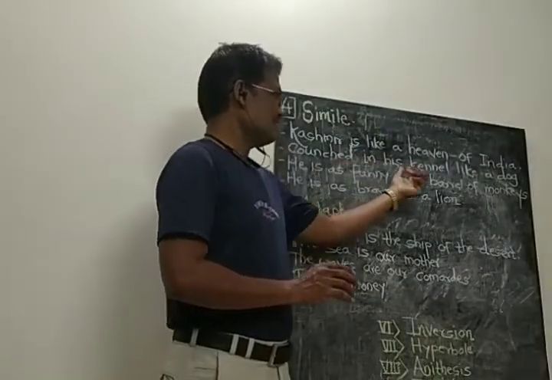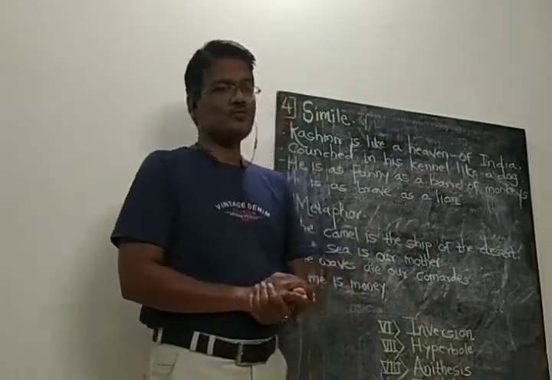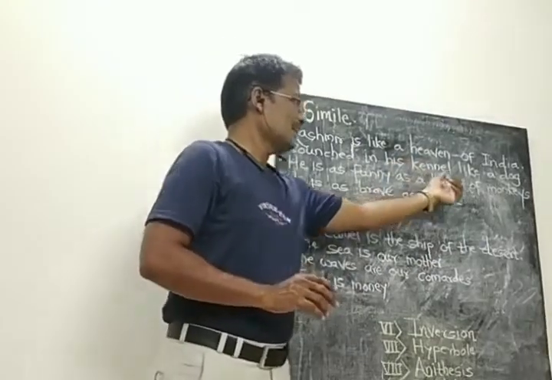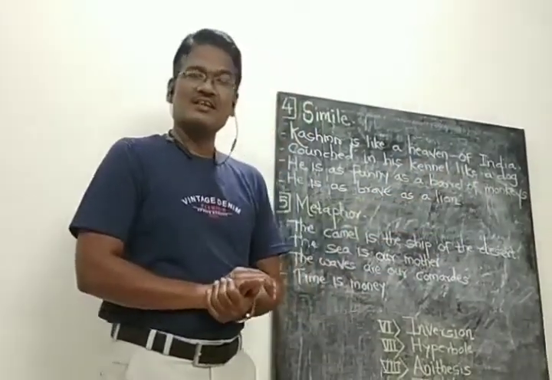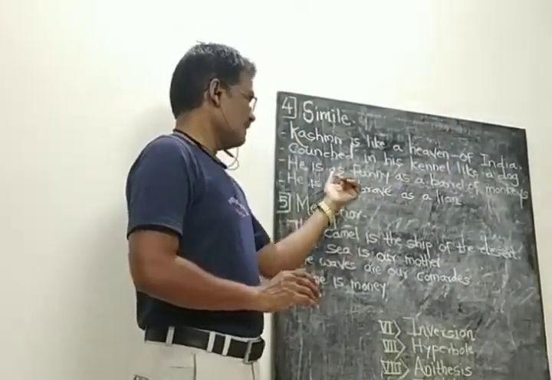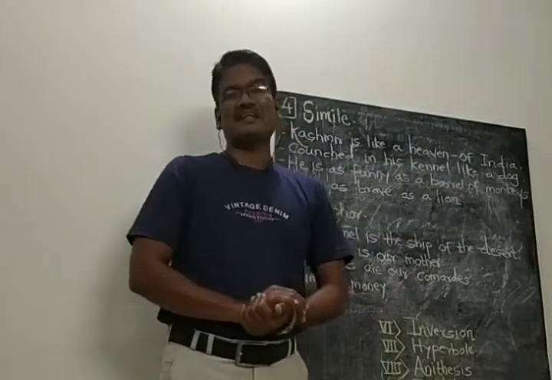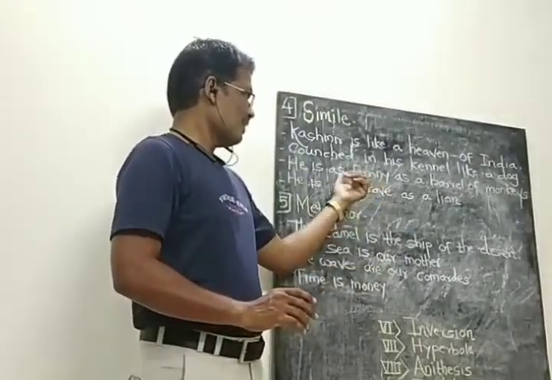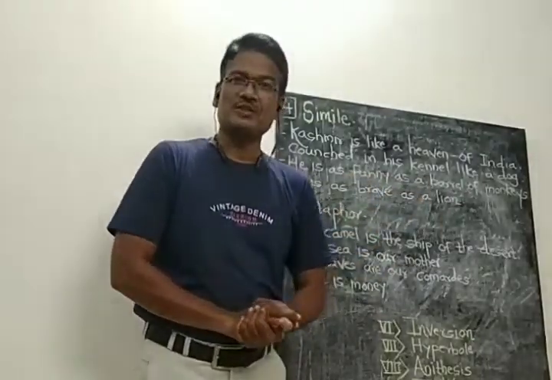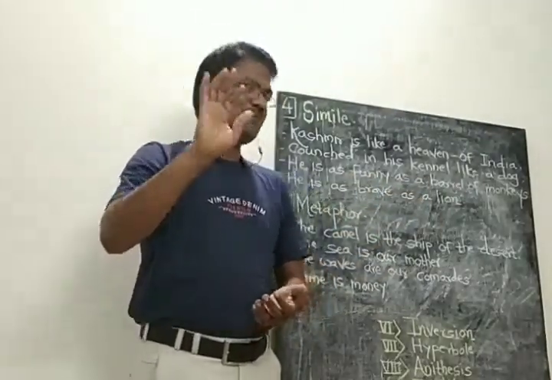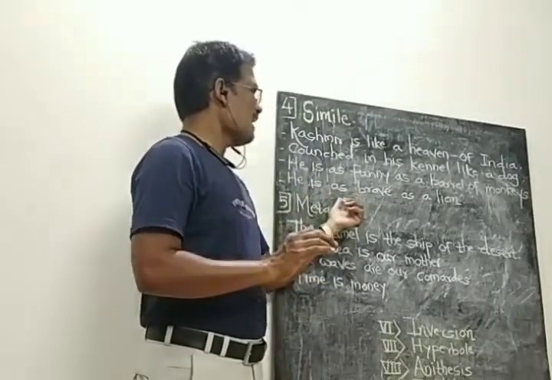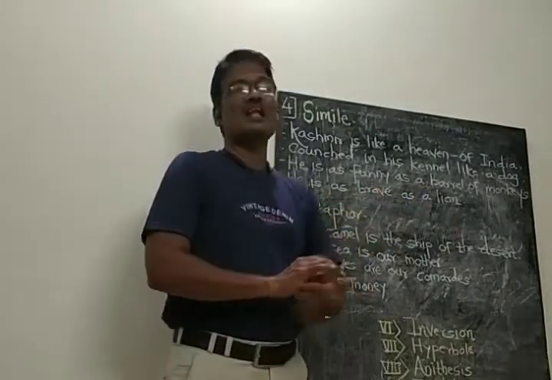Couched in his kennel like a dog. The word "like" is here. It is simile. He is as funny as a barrel of monkeys. Here the word "as" is used. It is simile. He is as brave as a lion.